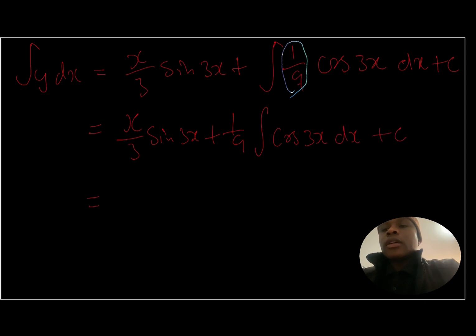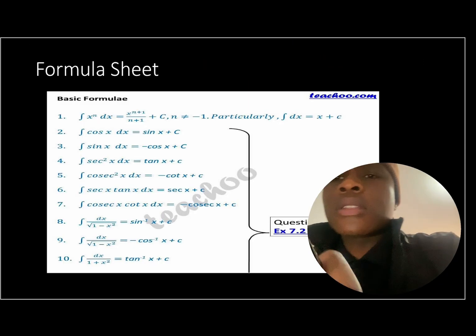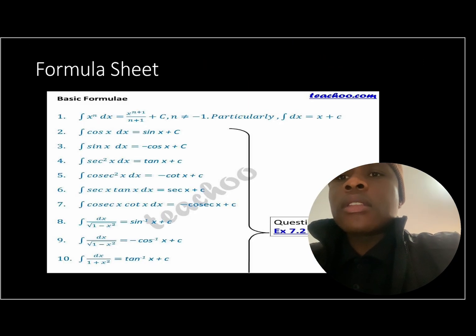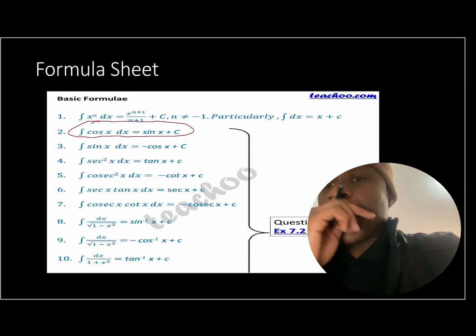Therefore, x over 3 sin 3x plus the integral of cos x. Remember, let's refer to the table. Do you see the integral here? This is what you are looking for.